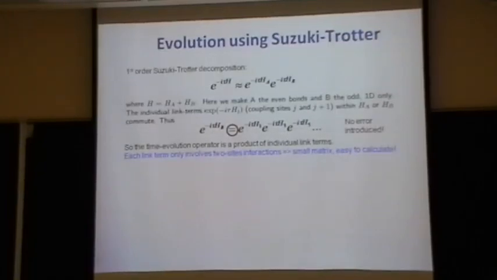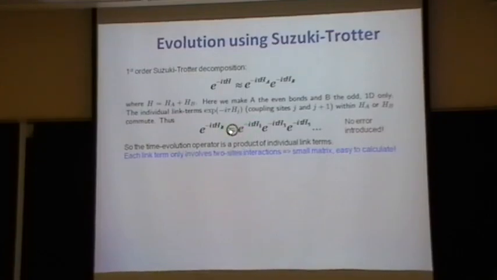So let's look at the actual evolution using these Hamiltonians, this Suzuki-Trotter approach. As I said before, what we have to do is concatenate these operators. Each of them involves the evolution using even terms or odd terms, links in the lattice. Now, if you look at one of the pieces here, for instance, HB, all the terms in HB commute with each other because they don't have any sites in common.